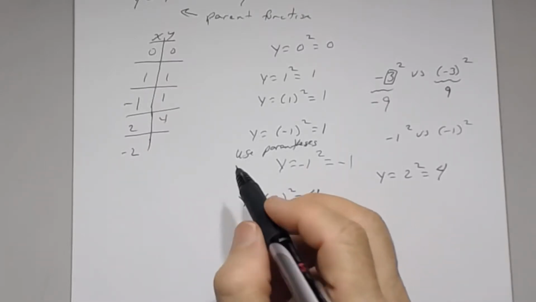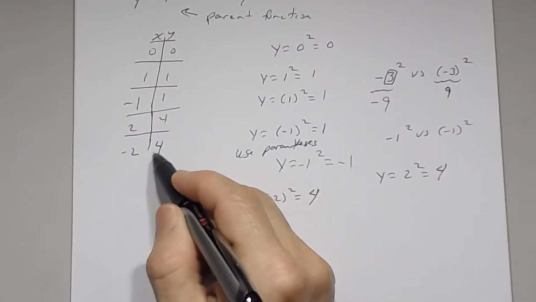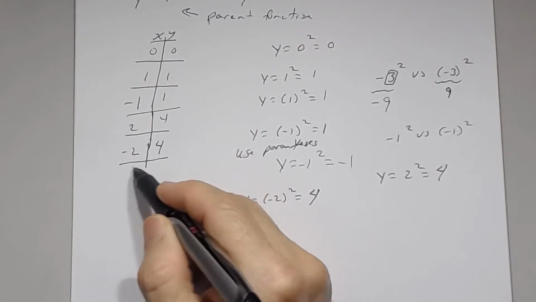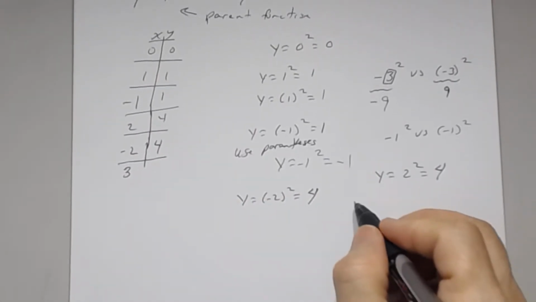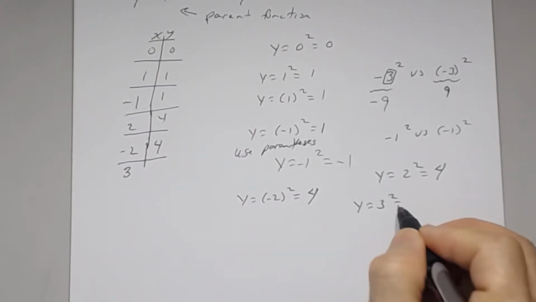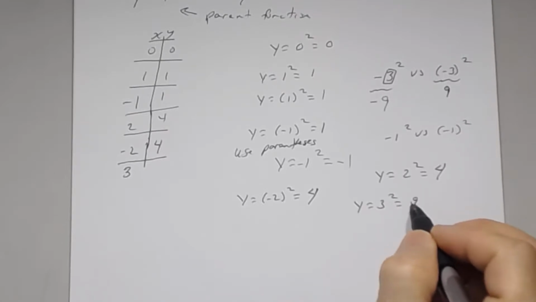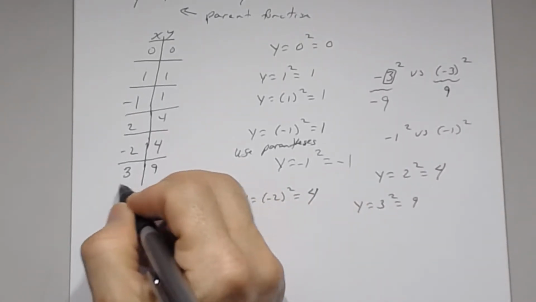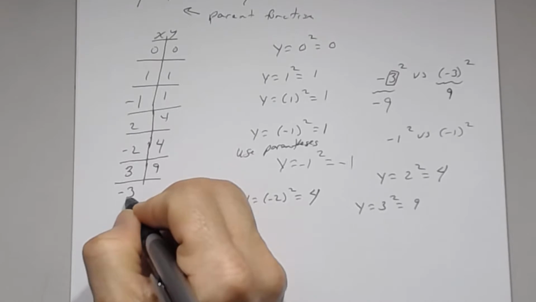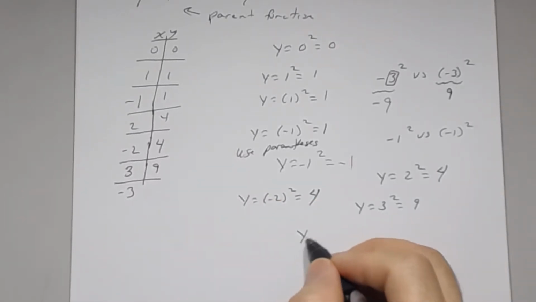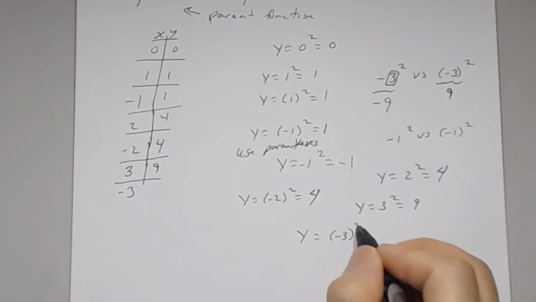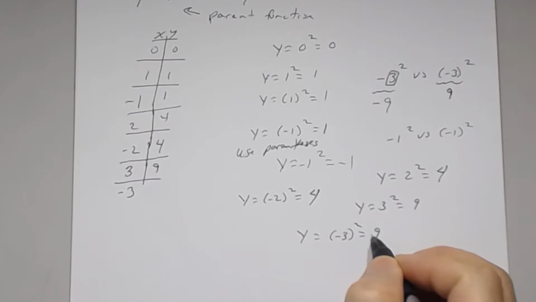Negative 2 times negative 2. It's still 4. If x is 3, I get y equals 3 squared, which is 9. If x is negative 3, I get y equals negative 3 in parentheses squared, which is 9.